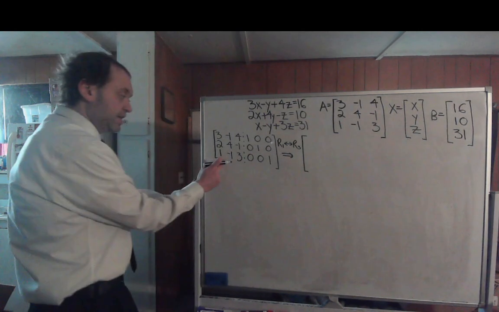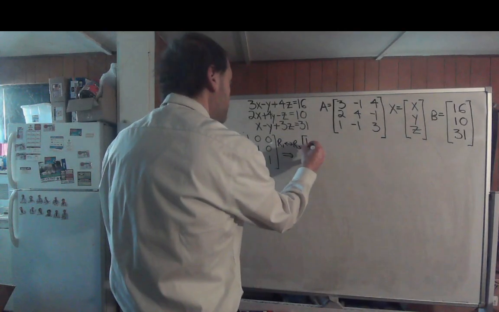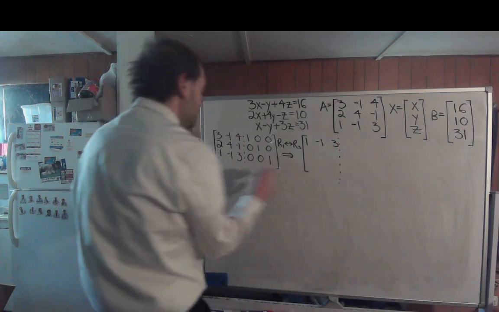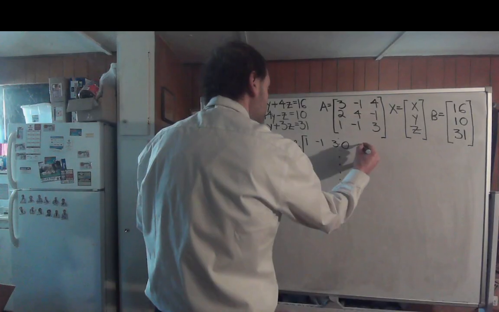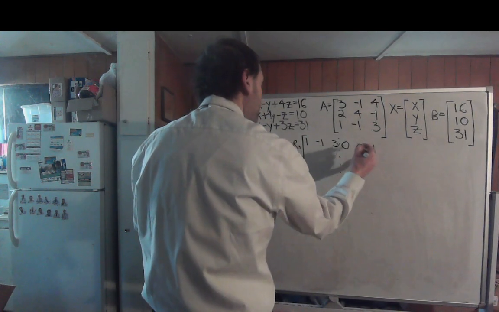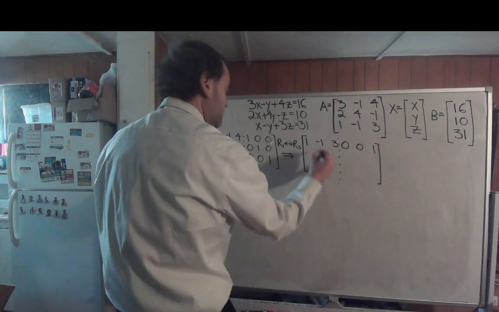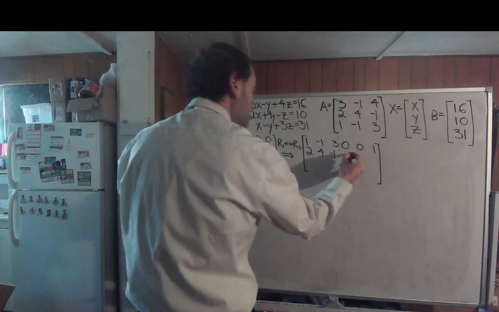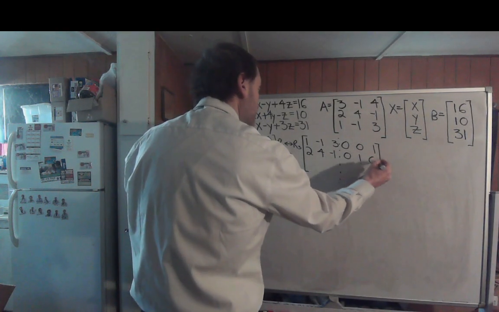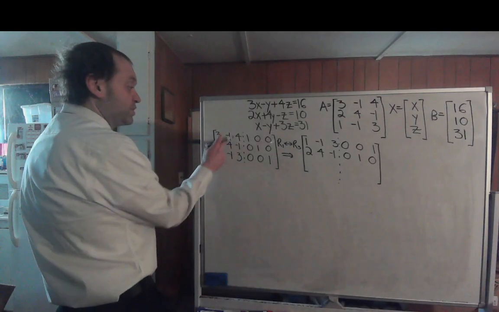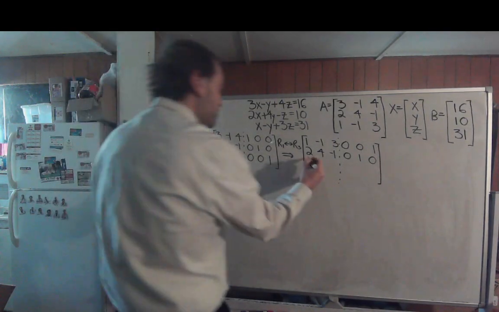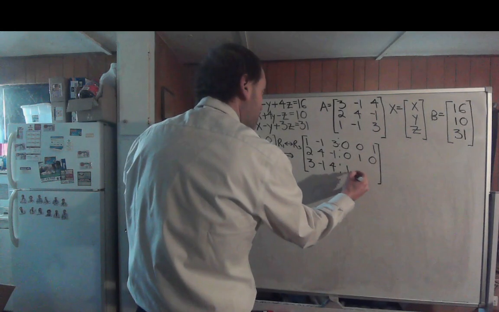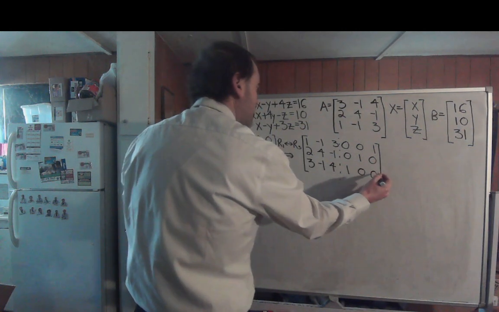So row 3 just became row 1, so you'll have 1, -1, and then 3, and then you'll have 0, 0, 1. Row 2 was left alone for now. The 2, the 4, the -1, 0, 1, 0. And then row 1 became row 3. You'll have 3, -1, 4, 1, 0, 0.